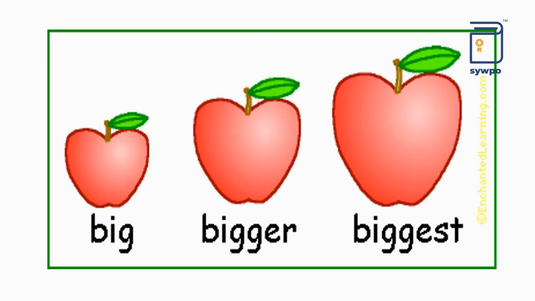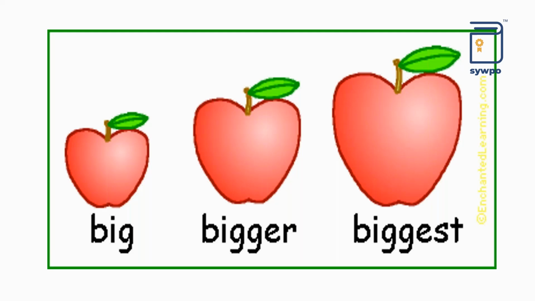Now, if you look here, I have 3 apples on the screen, and if you notice carefully, the apples are not the same sizes. They are different in size. We can say the first one is big, and the second one is bigger, and the third one is the biggest of all.